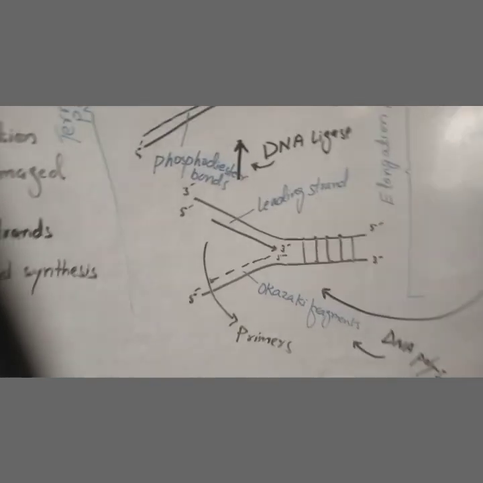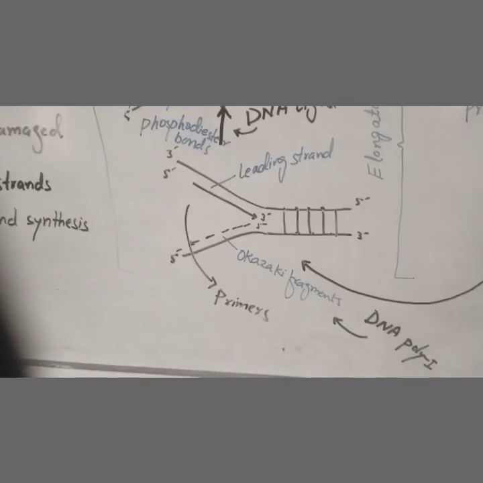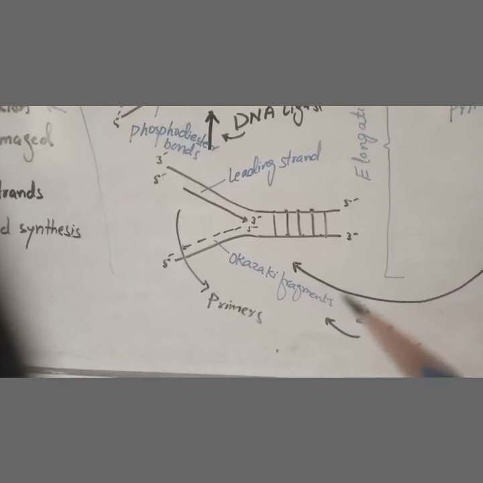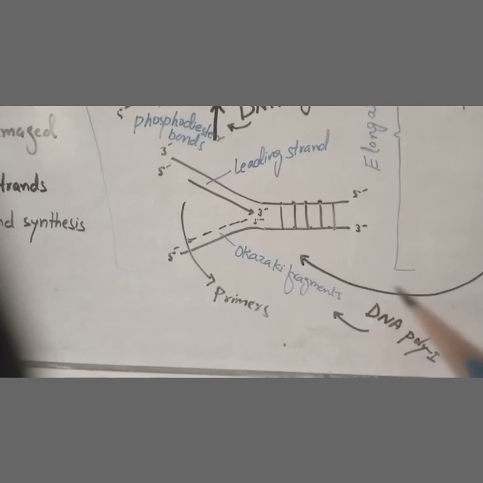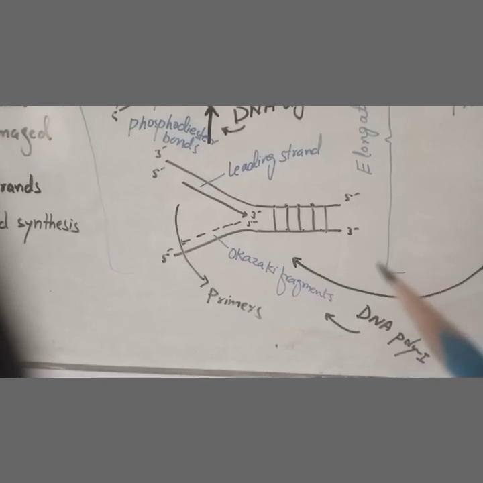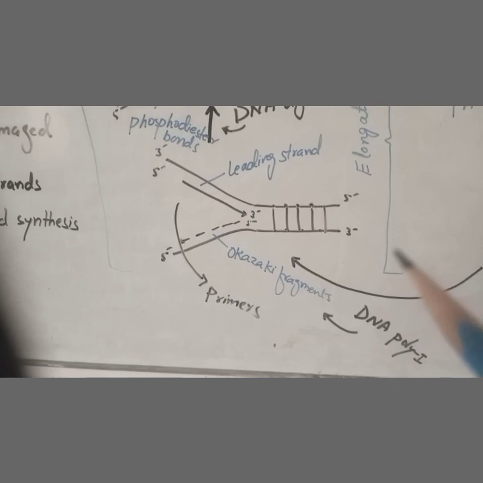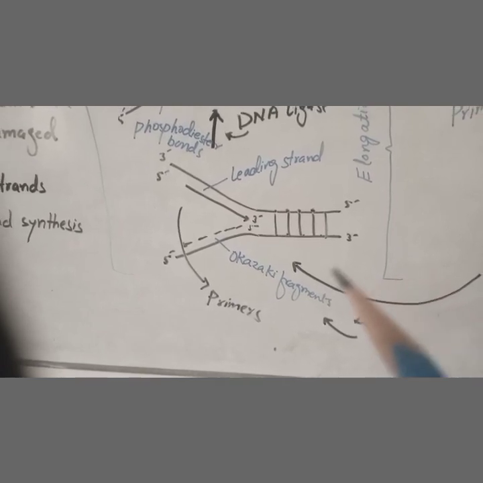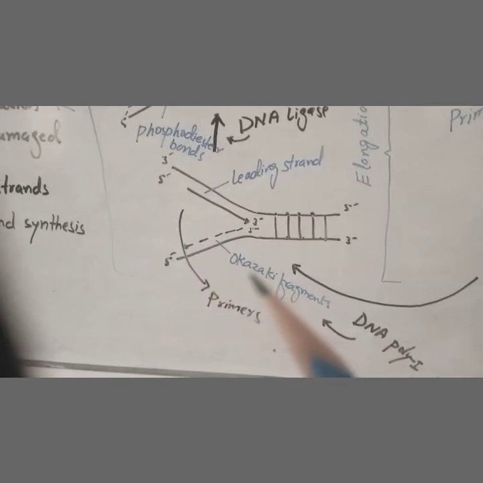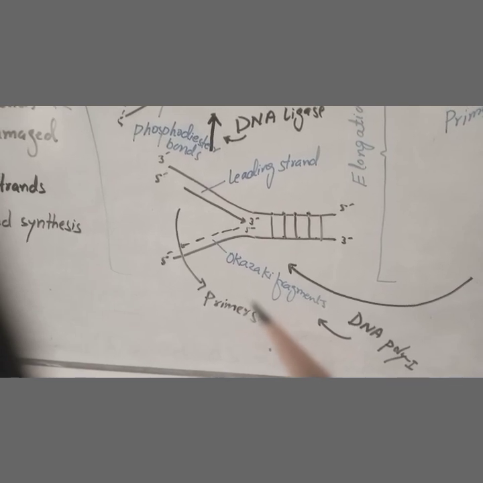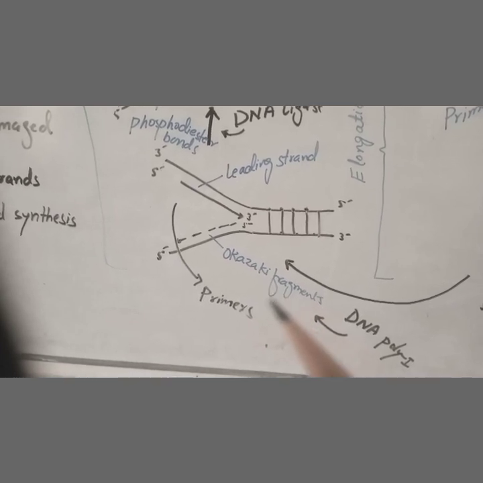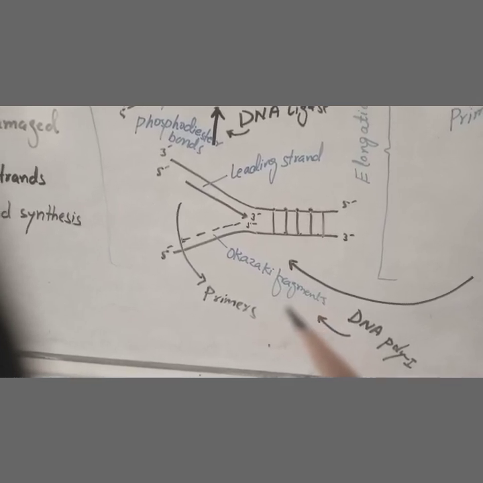Now look here, this is the termination phase where DNA polymerase 1 comes to perform its activity. The replacement of the primer by DNA nucleotides is carried out by DNA polymerase 1, that is, the removal of primers, and this DNA polymerase 1 has a dual function. Besides polymerase activity, it also acts as an exonuclease.